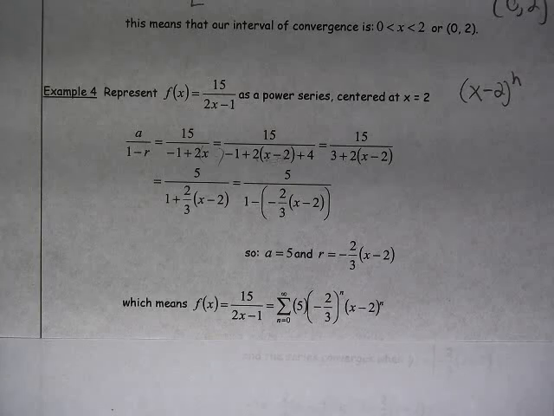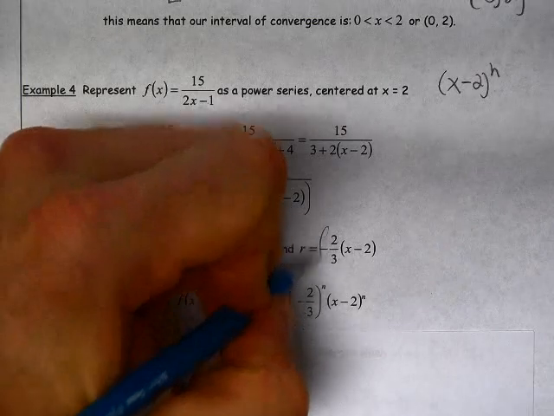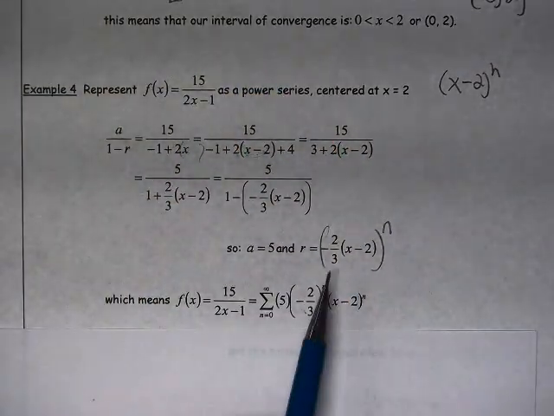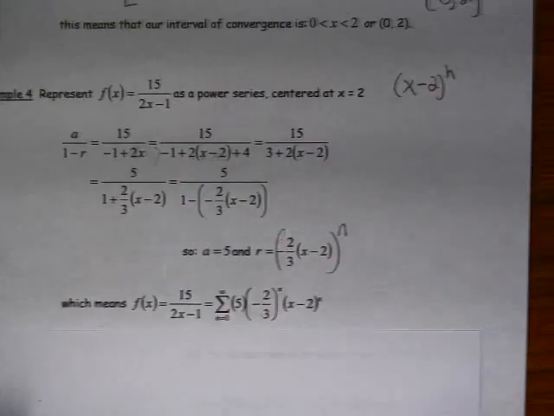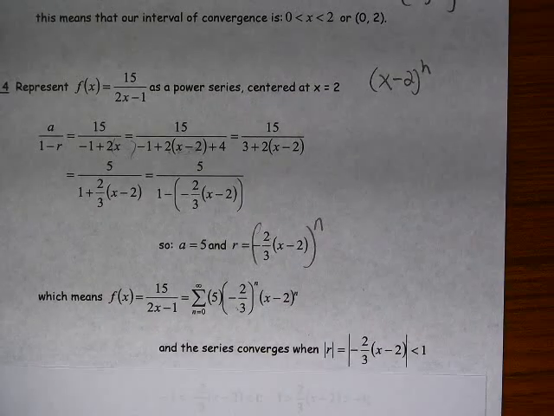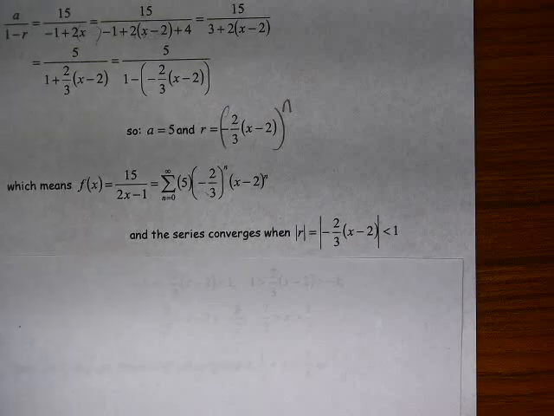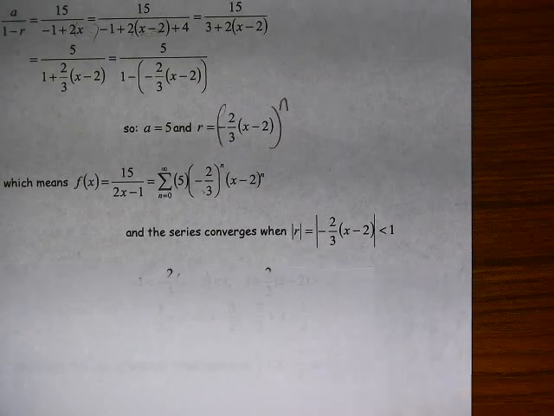My series is going to look like this. Right? This is just another way of saying r to the n, negative 2/3 to the n, x minus 2 to the n. All right, and that series is only going to converge when the absolute value of negative 2/3 x minus 2 is less than 1.